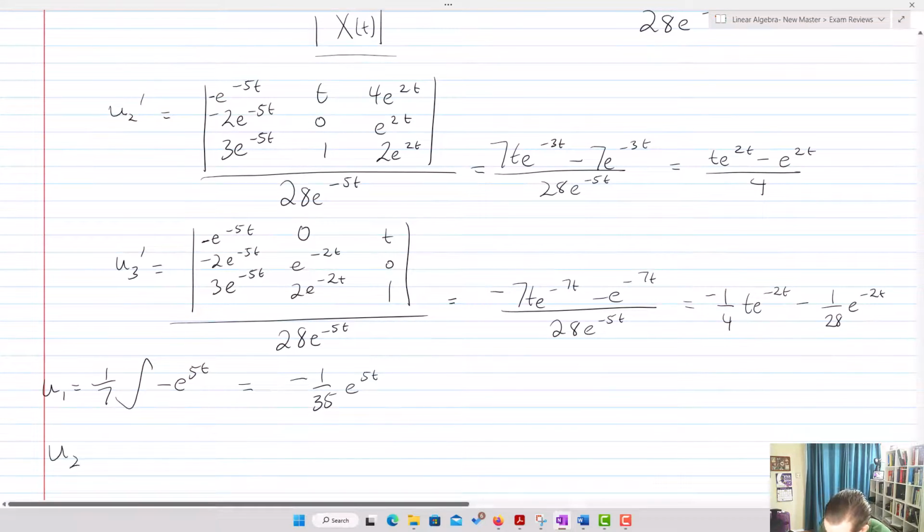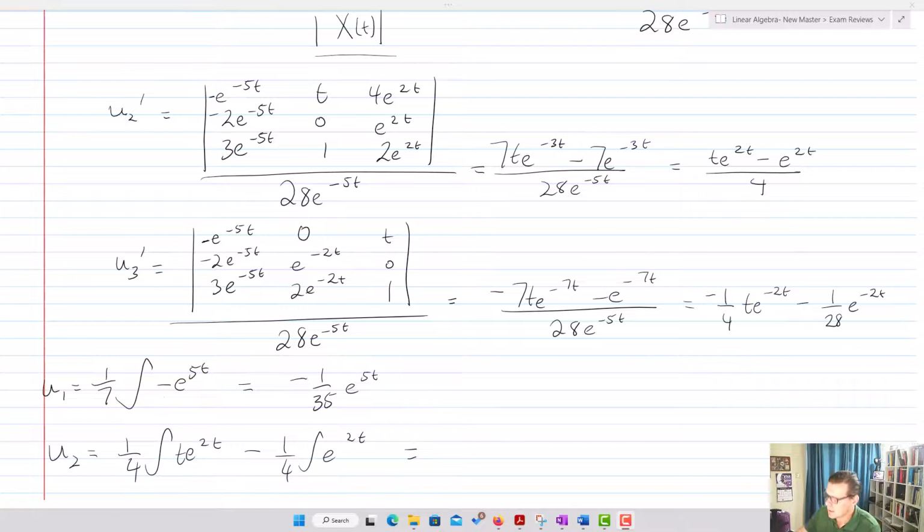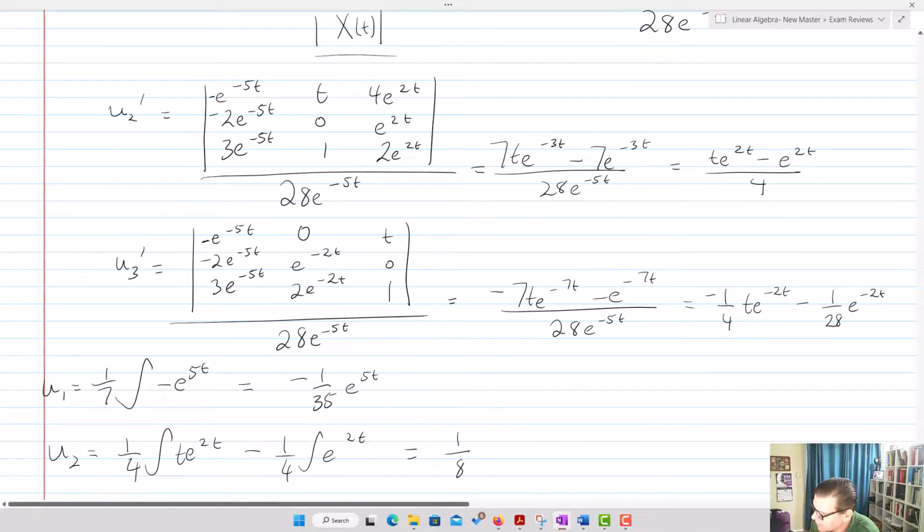Then I'll take u2, and u2 is going to end up being 1/4 the integral te to the 2t minus 1/4 the integral e to the 2t, and that ends up equaling 1/8 te to the 2t minus 3/16 e to the 2t.